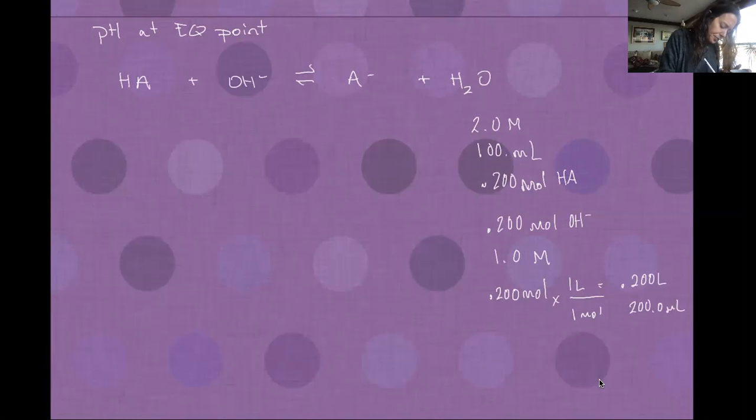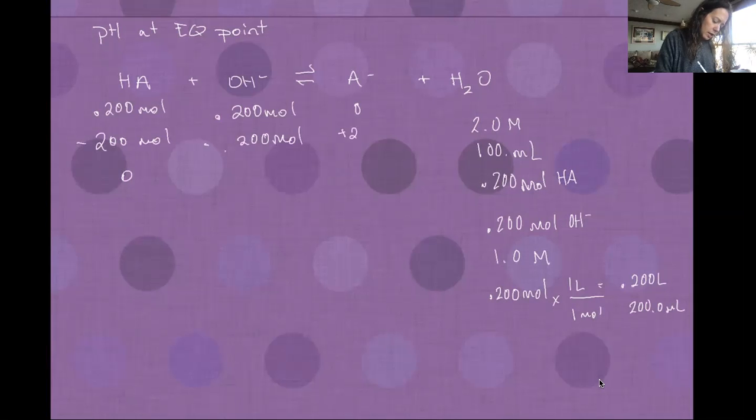We've got 0.200 moles of this. We've got 0.200 moles of this. So we will neutralize all of our acid and have none left over. We will use all of our hydroxide and we will gain our conjugate base.